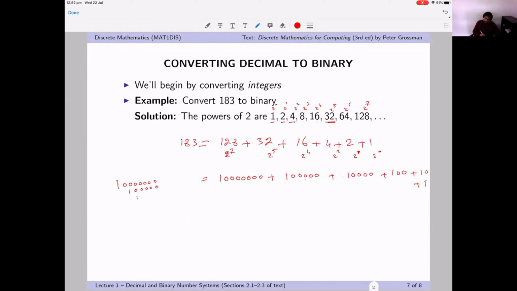And the next is 1, 2, 3, 4. And next is 100. Next is 10 and then 1. And when you add all of them, you have 1, 0, 1, 1, 0, 1, 1, 1. So your representation is 1, 0, 1, 1, 0, 1, 1, 1 to the base 2. So this 183 is written as 1, 0, 1, 1, 0, 1, 1, 1 to the base 2.